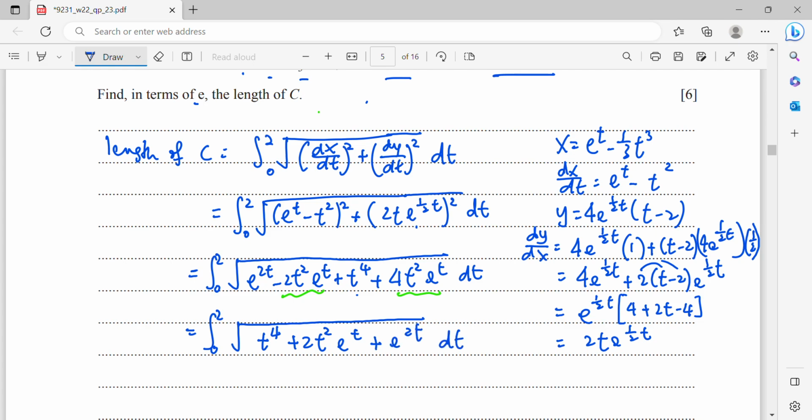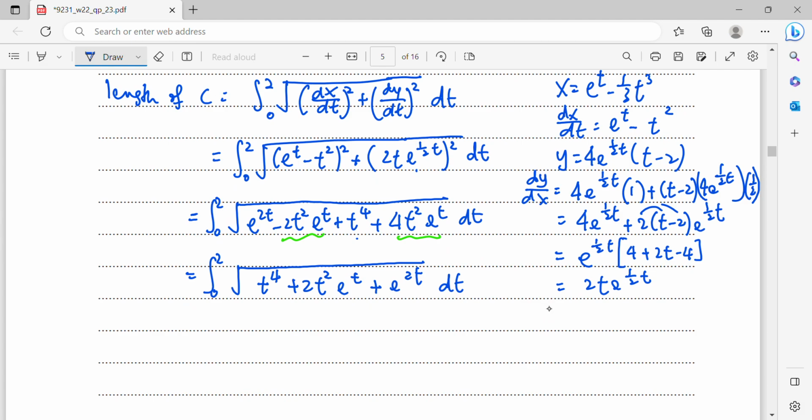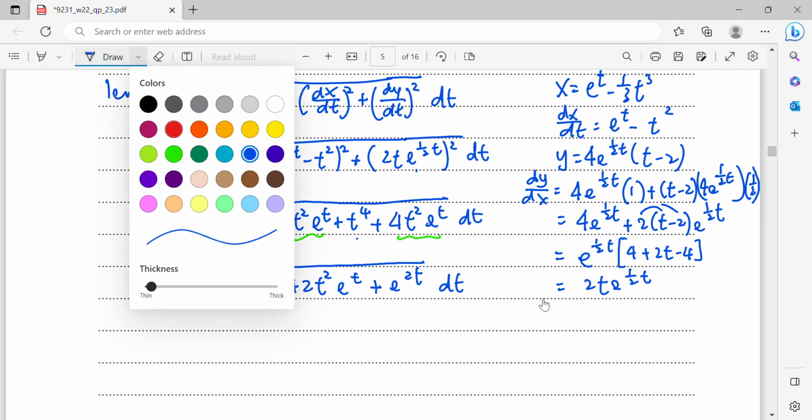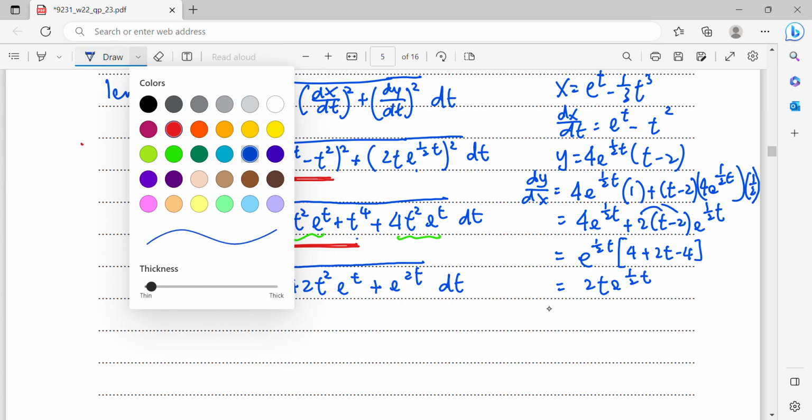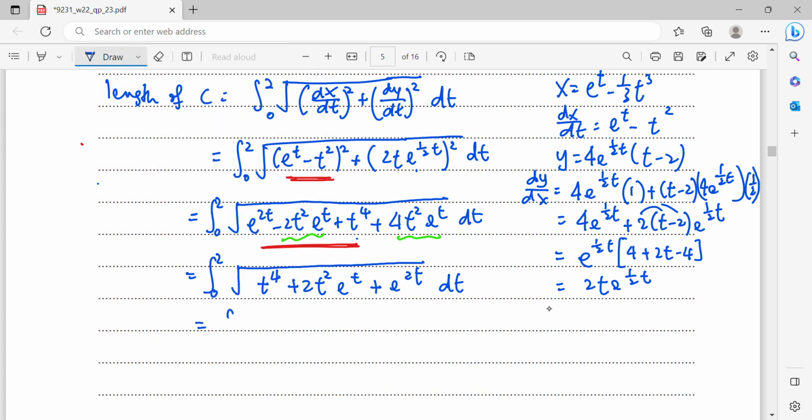All right, so now you should be aware that, see here, the square of the minus will be these three terms. And now I'm getting the similar term. It's just that the second term instead of minus has been changed to plus, which means this is basically the square root of (e^t plus t squared) squared, because the middle term instead of minus has been changed to plus.